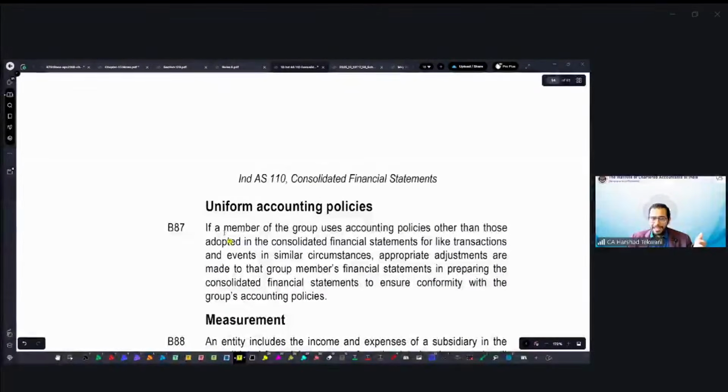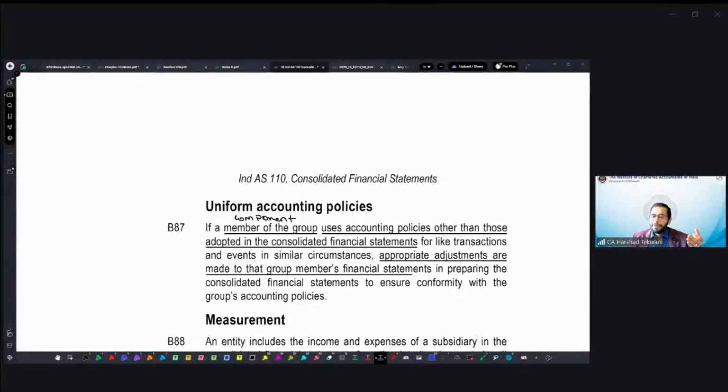Ind AS 110 says that if a member of the group, that means a component, uses accounting policies other than those adopted in the consolidated financial statements for like transactions and similar events, appropriate adjustments are made to the group member's financial statements in preparing the consolidation.